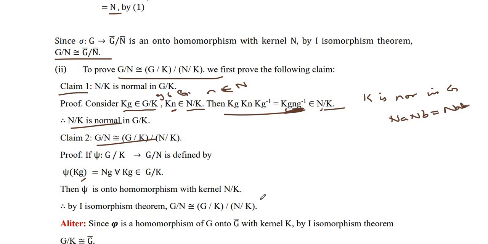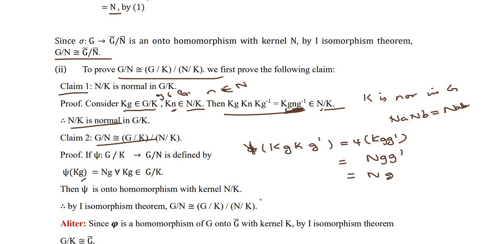So why do we say that the kernel is N mod K? See, proving that psi is a homomorphism goes like this. You will have to consider two elements, say Kg and Kg prime. This is nothing but psi of Kgg prime, because K is a normal subgroup, and this is nothing but Ngg prime, because N is normal.